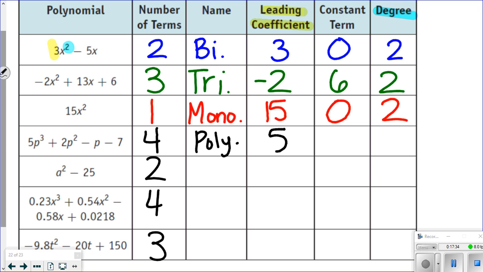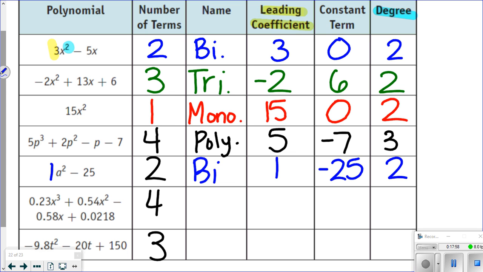Leading coefficient is 5, -7, 3. Two terms is a binomial. Leading coefficient, it's not there. So remember it's a 1. -25, 2. 4 terms is a polynomial. Leading coefficient, 0.23.